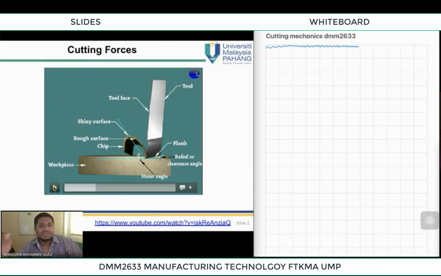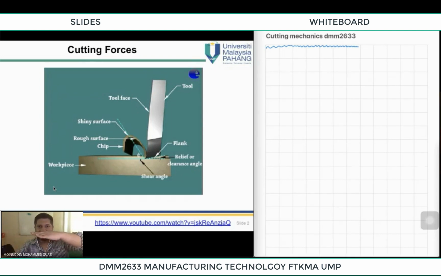Now, as the tool is moving along the workpiece, chips are produced, and the chip is produced at a certain angle. The angle between the workpiece and the chip is called the shear angle. So this chip has a shear angle with the workpiece, and this tool has a clearance angle or relief angle with the workpiece.